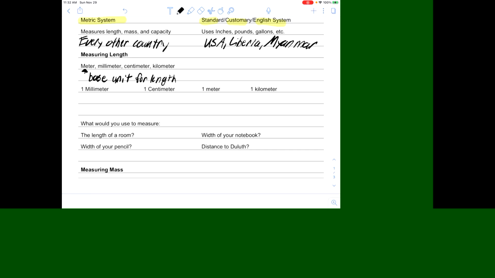So we want to have some benchmarks so we have a little bit of an understanding about how long each of these things are. So for example, 1 millimeter, that is about the thickness of a dime.